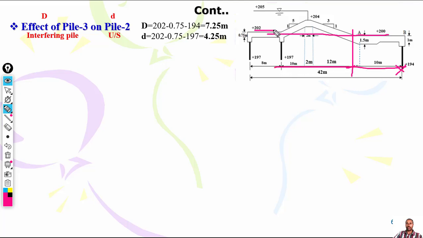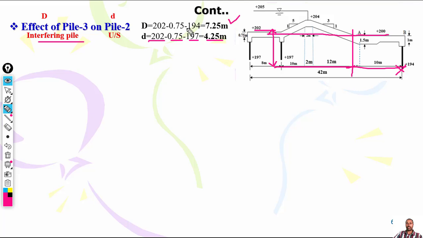You should take 202 minus 0.75 minus 194, because pile 3 is the interfering pile, but pile 2 is the pile to be influenced, which is upstream. And d is the depth of pile 2 automatically: 202 minus this one minus this bottom level. So you have this bottom level, 187.